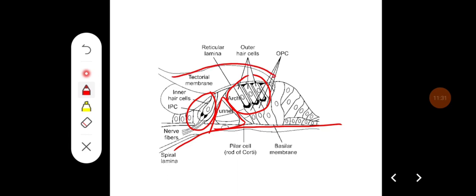And you can see the nerves which form the spiral ganglion from hair cells, which helps in the transmission of the action potential from these hair cells. And the other supporting cells for the outer hair cells are the cells of Claudius.